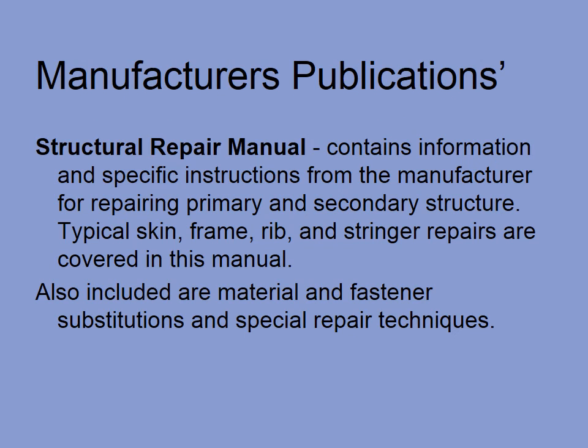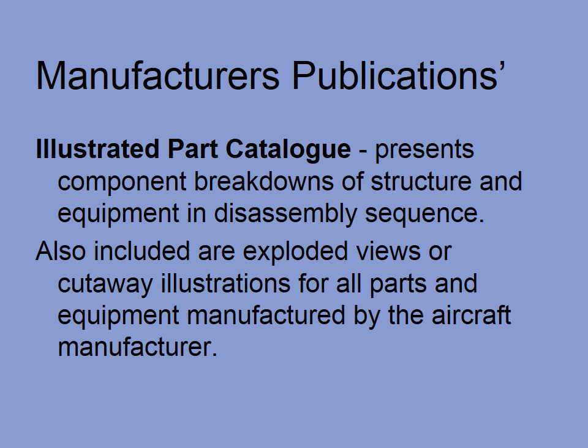The Structural Repair Manual contains information on making airframe repairs. The Illustrated Parts Catalog contains a sketch and part number for every part in an aircraft to facilitate ordering replacement parts.